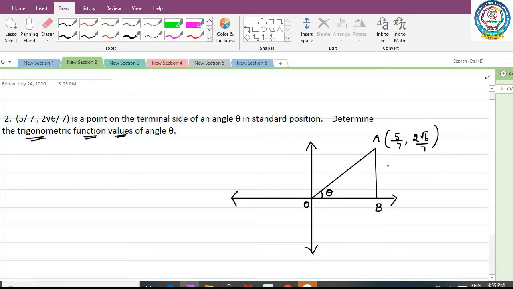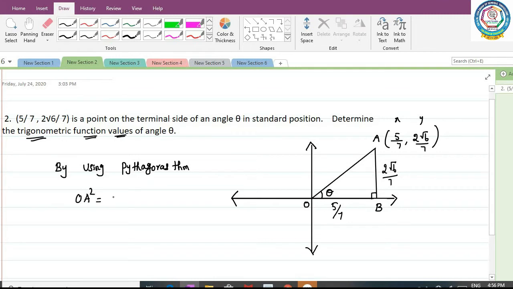What is the distance of OB? This is x, this is y. So the distance of OB is 5 by 7. Next one, the distance of AB is 2 root 6 by 7. By using Pythagoras theorem, we have to find OA. Hypotenuse squared is equal to height squared plus base squared. What is the hypotenuse here? OA.